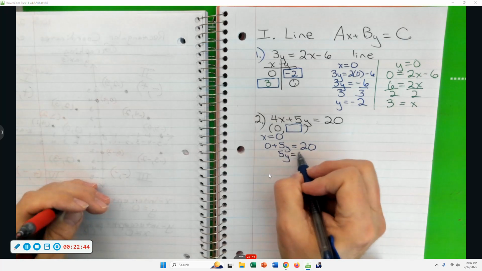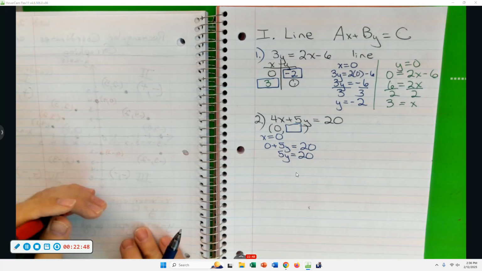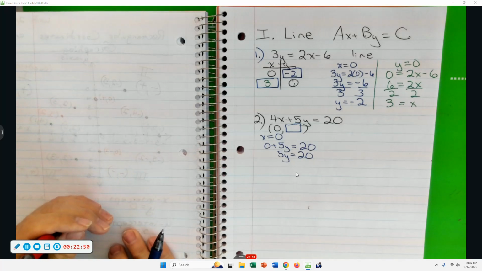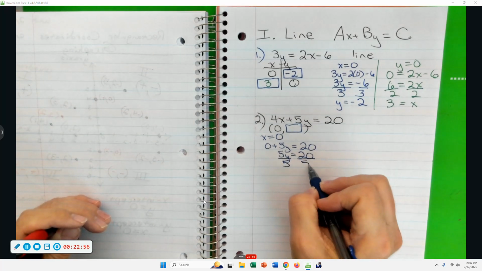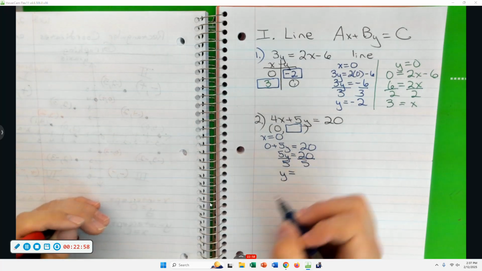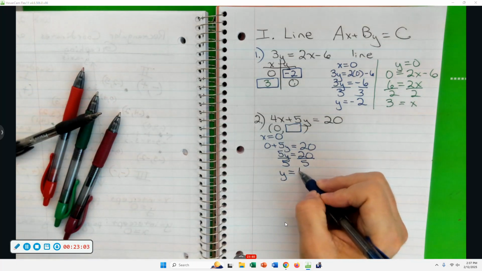I imagine a lot of y'all would skip over that and go straight to 5y equals 20. What do I do now? Divide by 5. Divide by 5 to give y equals 20 divided by 5, which is 4.